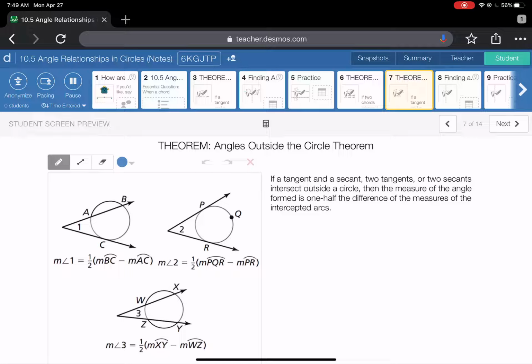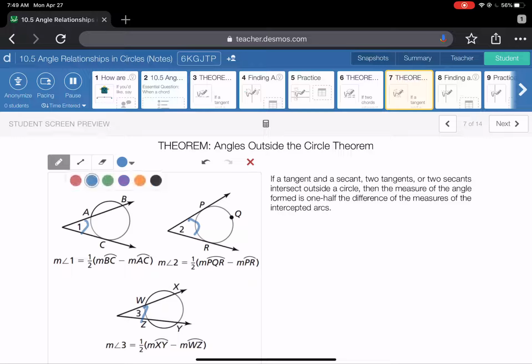So if we have an angle outside of the circle, for example here, if a tangent and a secant, or two tangents or two secants intersect outside of the circle, then the measure of the angle that is formed, so angle 1, angle 2, angle 3, can be found by 1/2 the difference of the measure of its intercepting arcs.